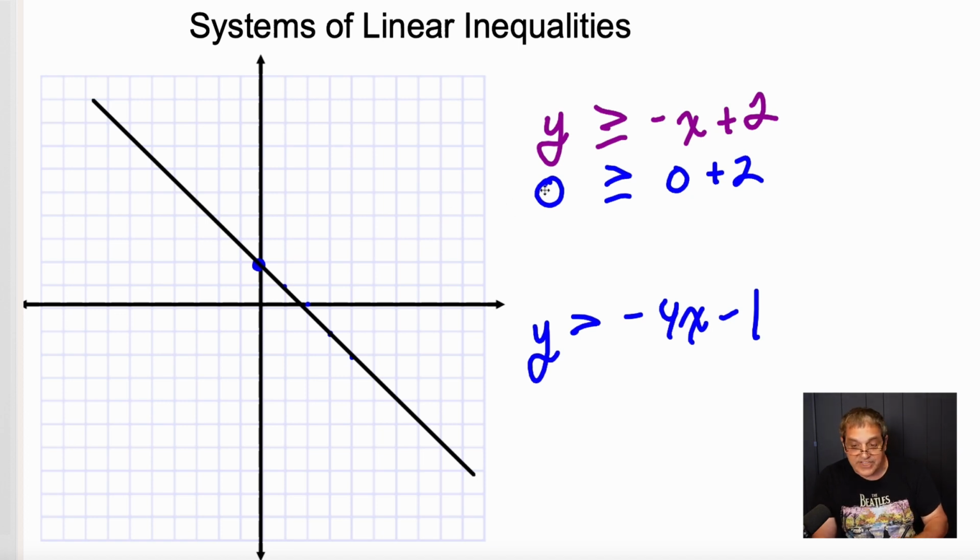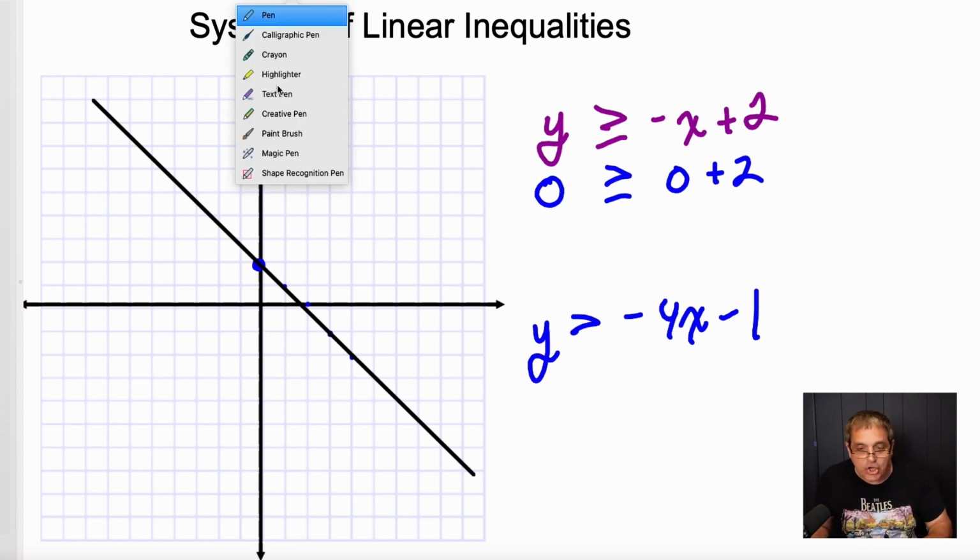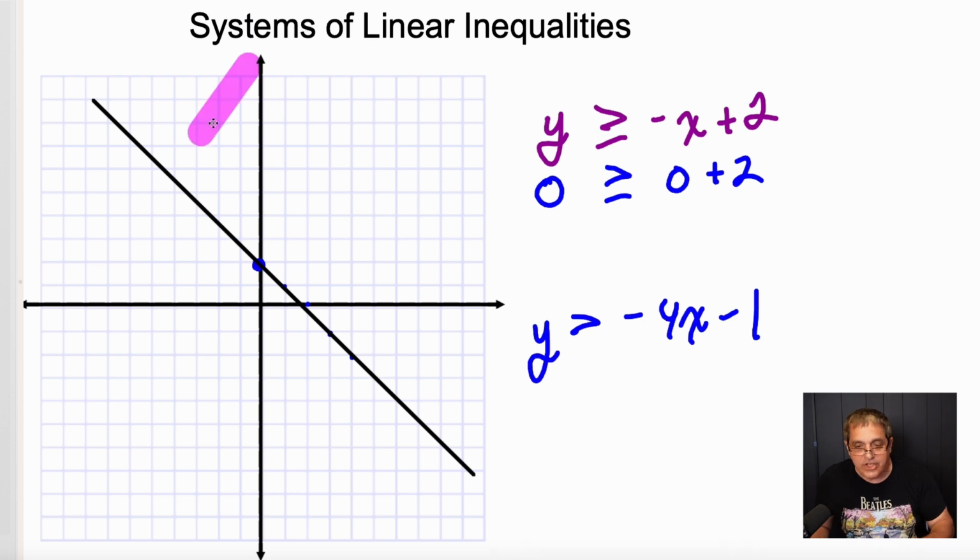So now the question is, is 0 greater than 2? Well, the answer is no, 0 is not greater than 2. So that means the 0, 0 point and every point on that side of the line is no good. So that means the shading goes on the other side. So I shade the other side, all right?